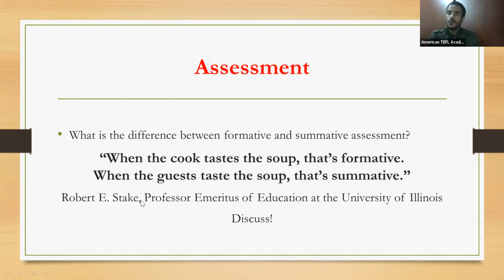So it is during the course, in every single session. Now, the guests at the end will taste the soup. This is at the end of the course, which means you are going to give them a test, an exam. So the exam, the test is summative.